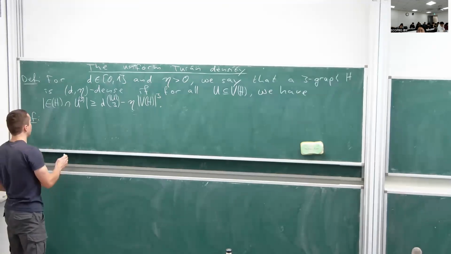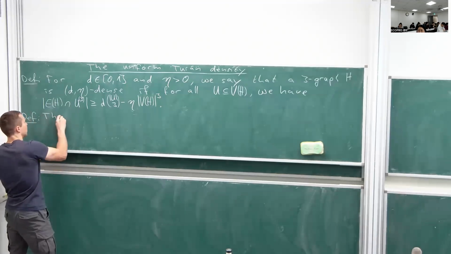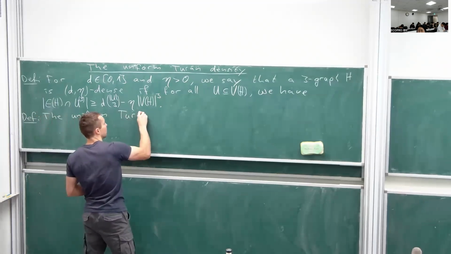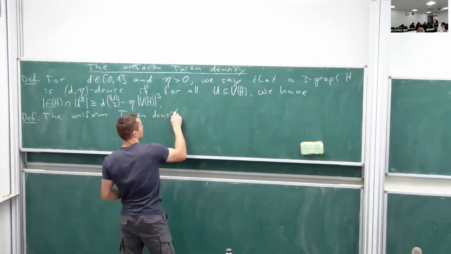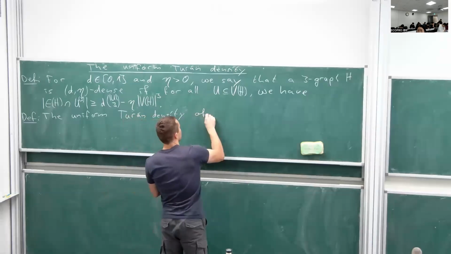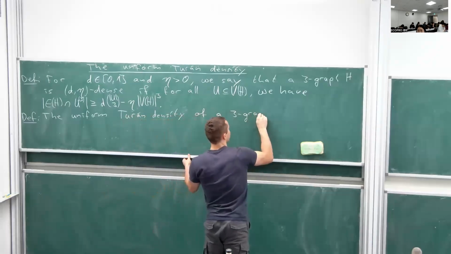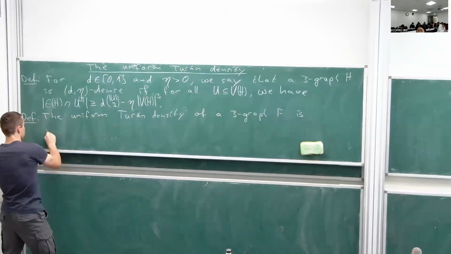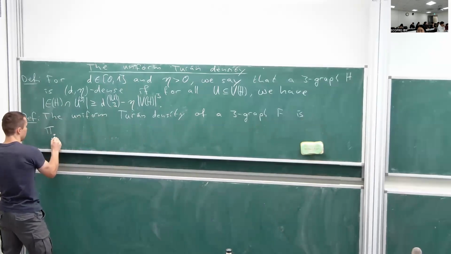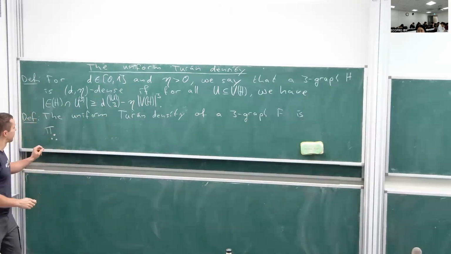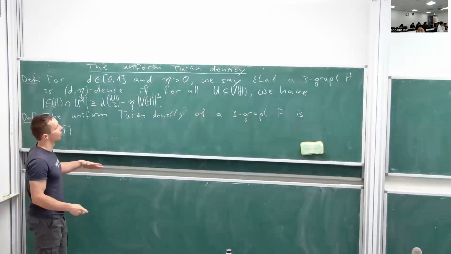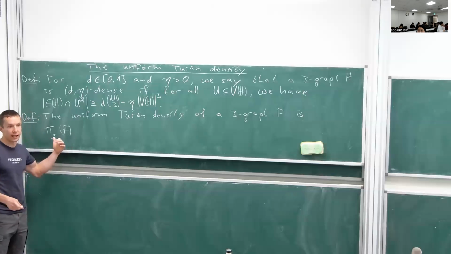And now we define the uniform Turán density. We denote it with the pi with 3 dots, and this notation is indicating that there are also other quasi-randomness conditions, which we'll not study today, but which are also quite natural and for which you can then define the equivalent threshold.